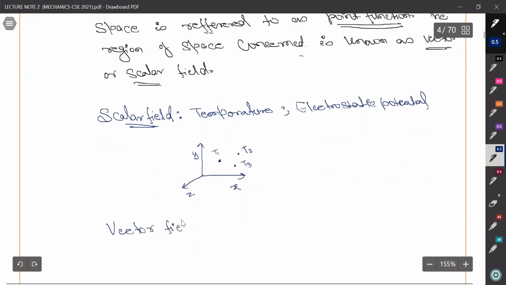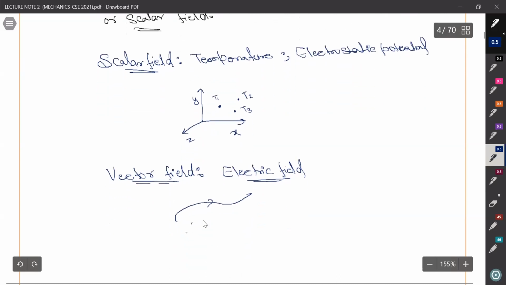If we look into the vector field, we have examples like the electric field. You can also demonstrate electric field lines. Or the flow of water, its velocity distribution.